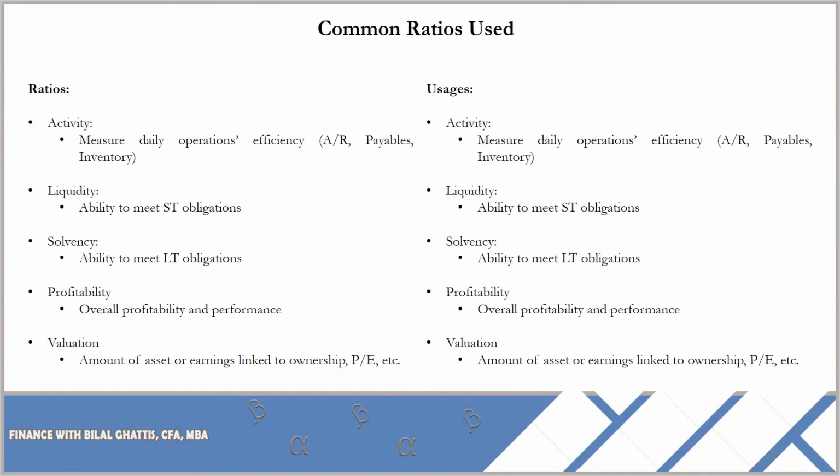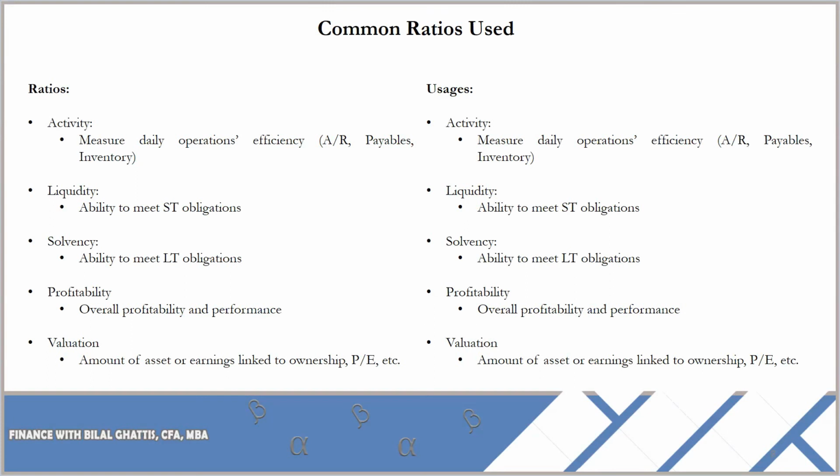Finally, guys, this is a teaser of part 2. So in part 2, we're going to be looking at the following financial ratios. Ratios are divided into activity ratios that focus on the daily operations, liquidity ratios that focus on the short-term liquidity, which means the ability to utilize my short-term liquid assets to cover my short-term liabilities.